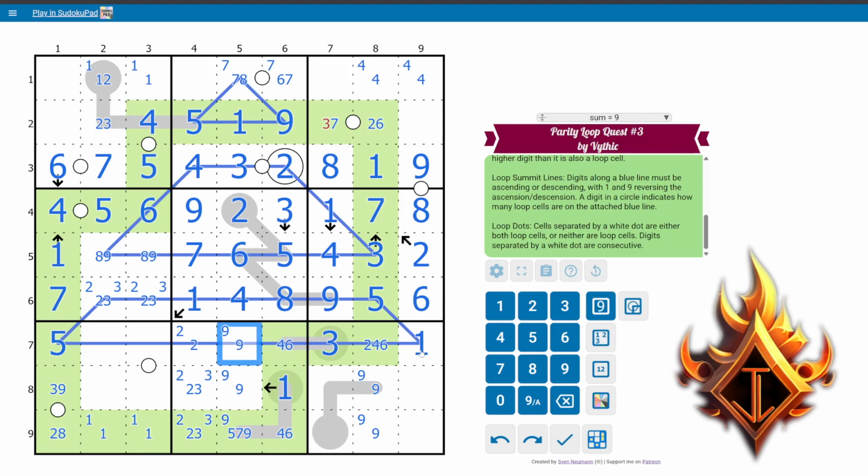If that was 9, 8, 7, 6, 5. That way would be okay though, because the 7 could be next to the 8. So I'll wait on that. This has to be 2 because we're going up. 2, 3 does make a combo here now.